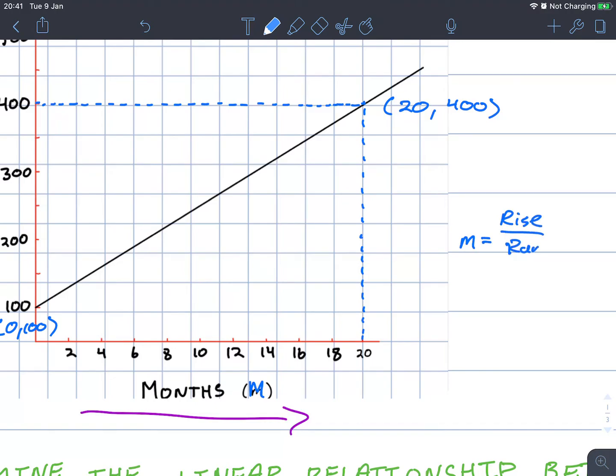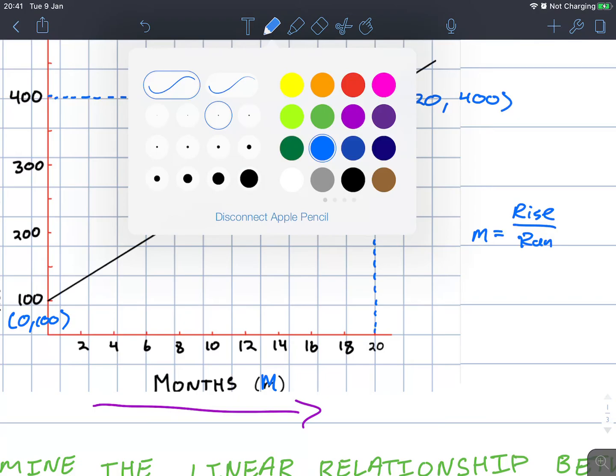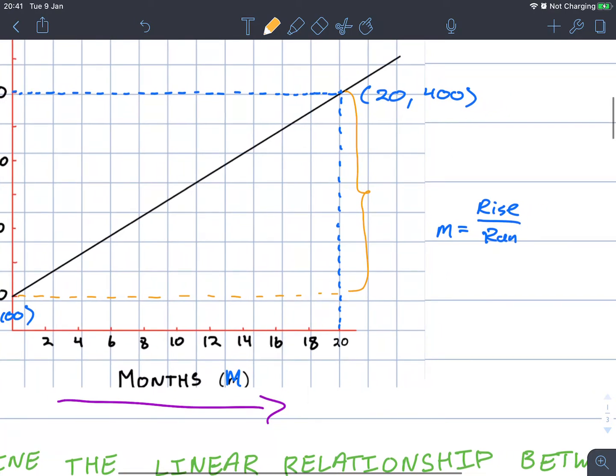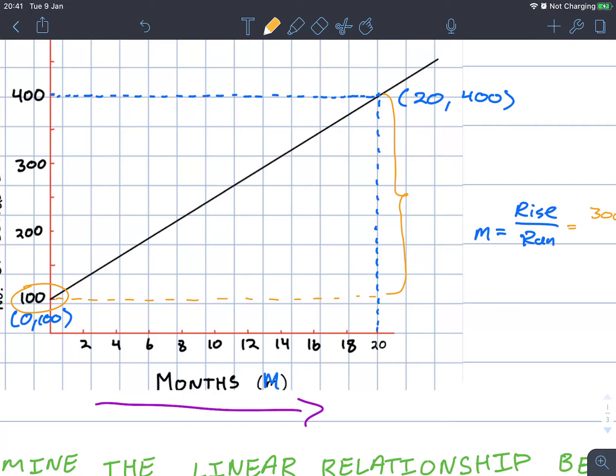So now between these 2 points, let me do this in orange, between here and here, how much has it risen by? So what is this rise here? Well, from 100 to 400, that is a rise of 300, because it started at 100 and went as high as 400. That's 300 more.